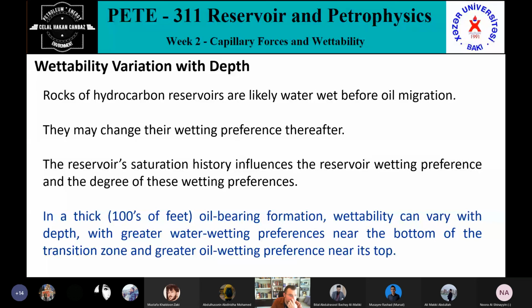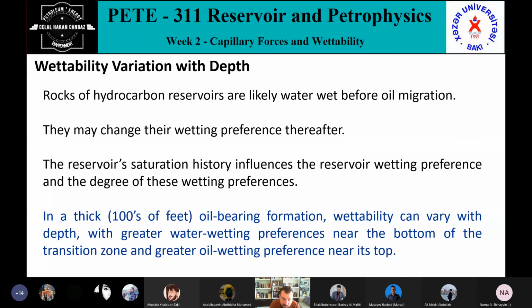Wettability variation with depth is also another point. Rocks of hydrocarbon reservoirs are likely water wet before oil migration. All rocks in the beginning were water wet. Then, by exposure to oil and hydrocarbon content for many years, millions of years, some rocks change to oil wet.